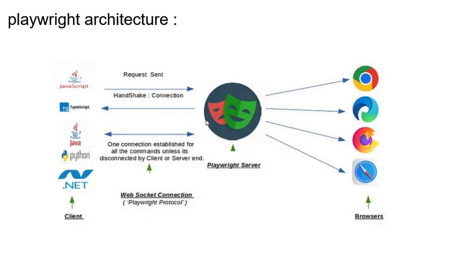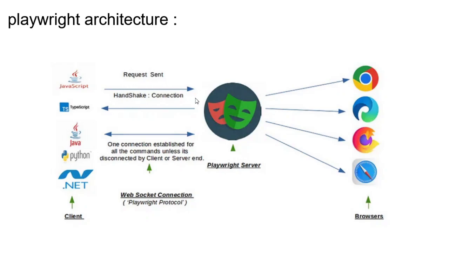Client and server communicate over a WebSocket or similar protocol. So basically in Playwright, client and server communicate via a WebSocket connection. Whatever commands we have written in our test scripts are sent to the browser through this transport layer. First a handshake happens and the connection is established.